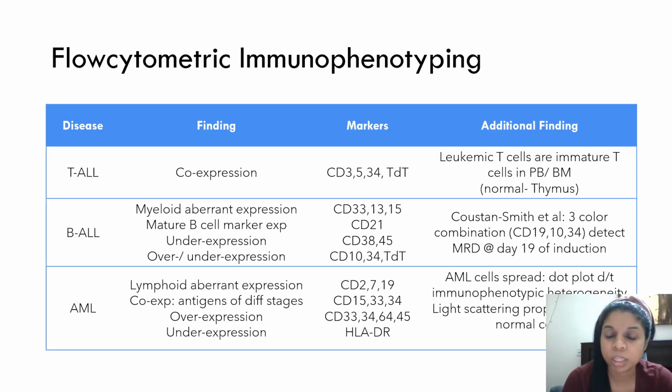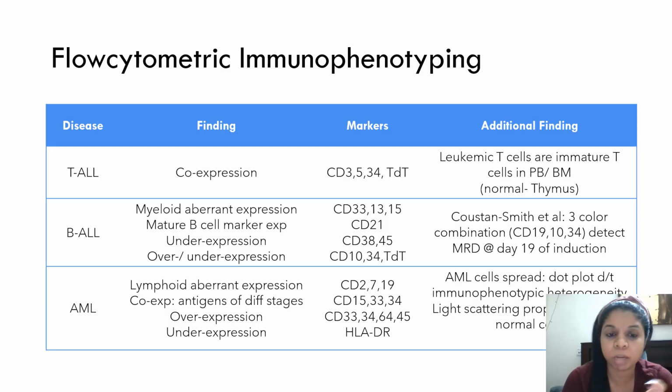Okay, so in that also, see, there are so many markers. I am telling CD3, 5, 34, TdT. Here also 33, 13, 15, 21, 38, 45, 34, TdT. So for each marker you're putting in the flow cytometry, that much more expensive the test is going to be. So what pathologists try to do is find the combination of markers which is really working for them.